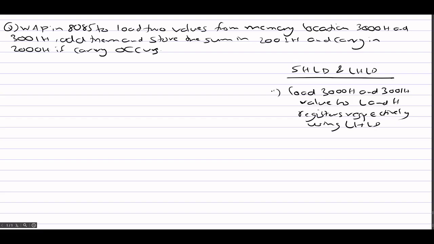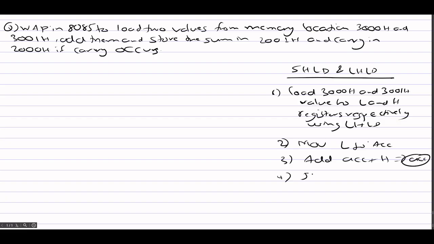So this is going to be step number 1. In step number 2, I'm going to move any one of the values in H or L to accumulator. So move accumulator, we can use any one of these values. So move L to accumulator. Then we perform add accumulator plus H. The sum is going to be stored in accumulator itself.